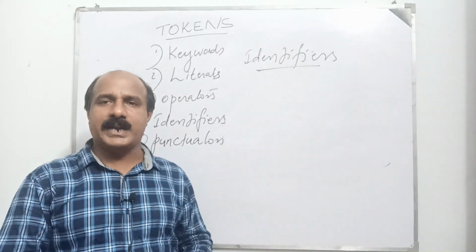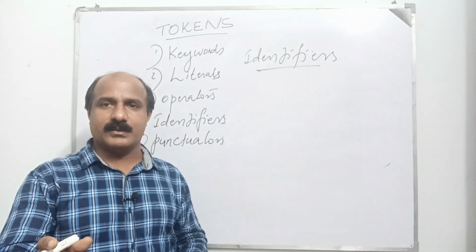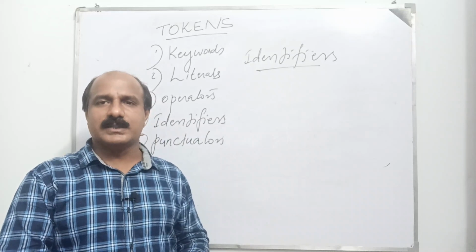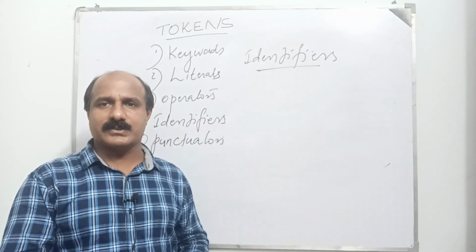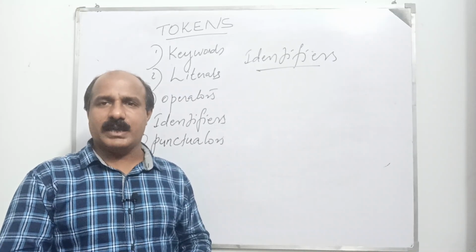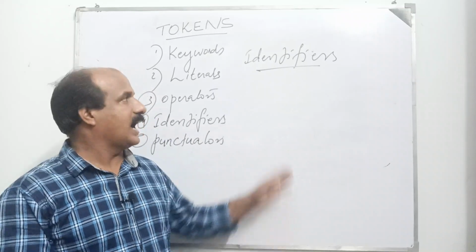Identifier. So identifiers are used to identify something. What is that something in Java? That something is the names given for various parts of a Java program like class name, variable name, method name, array name, etc. Wherever you give a name, all those names are known as what?